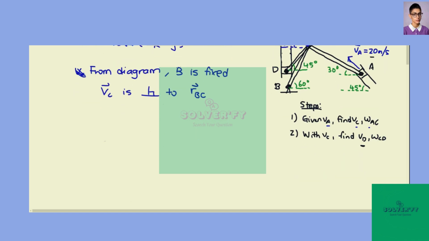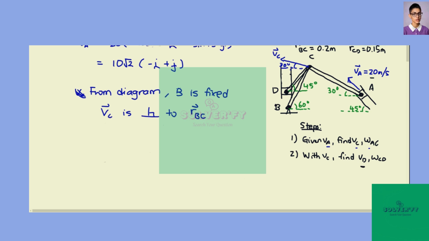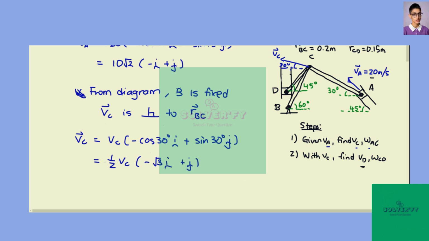Based on the diagram, VC will just be VC times minus cosine 30 degrees I plus sine 30 degrees J. So this is half VC minus root 3I plus J.